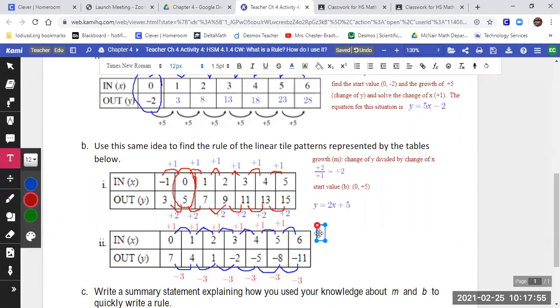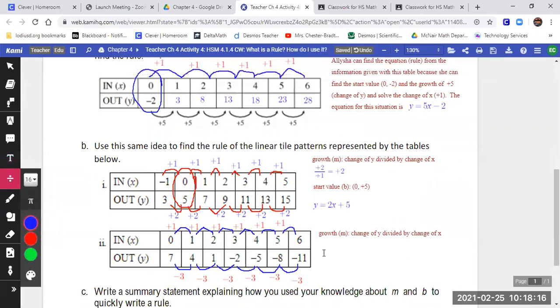So we're going to go get our growth. So growth is now called M. Right? That's our change of Y divided by change of X. So we're going to go get that.